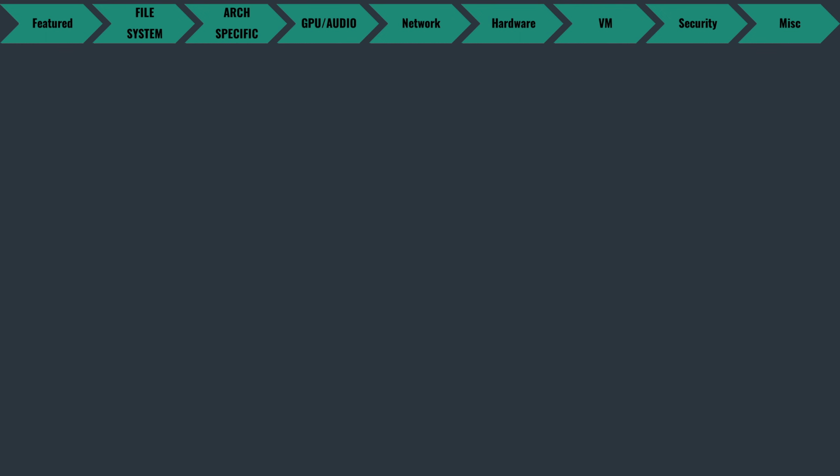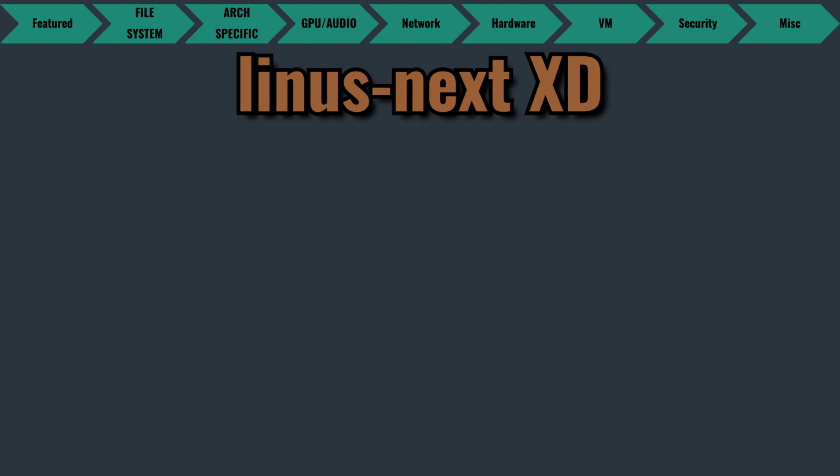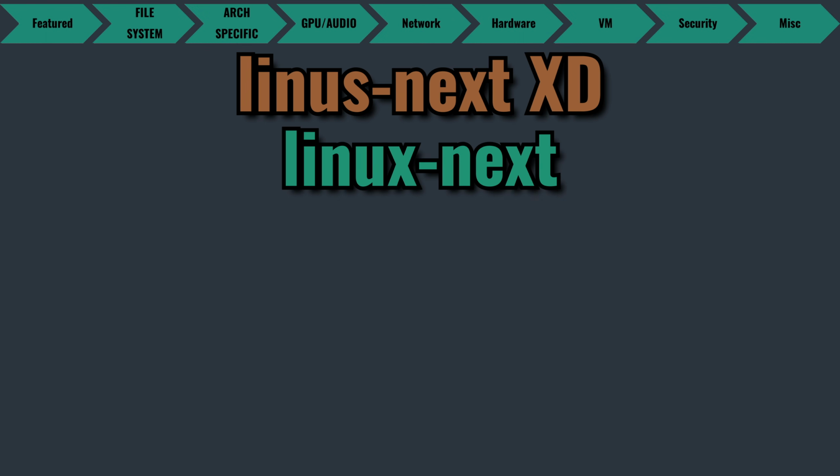Now let's go into a declaration by Sasha Levin, which announced that there would be a new tree that would be created to perform some integration test. And that tree would be called Linus Next. So just so people understand, in the kernel, you have a place called Linux Next.